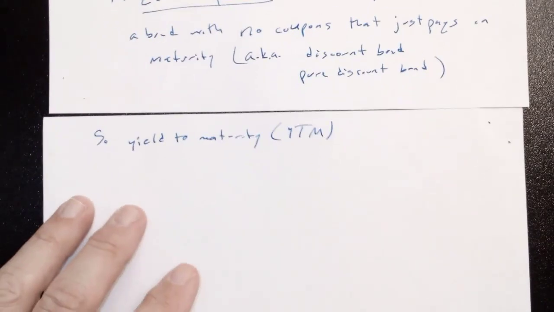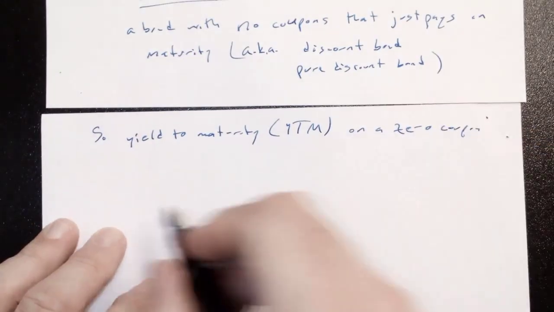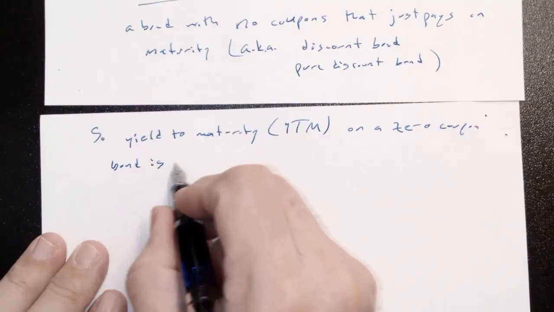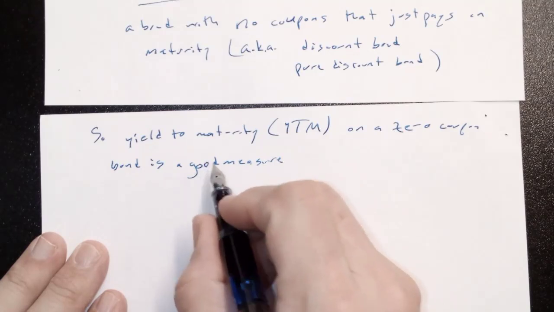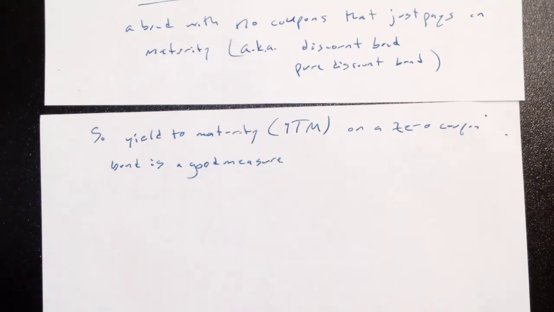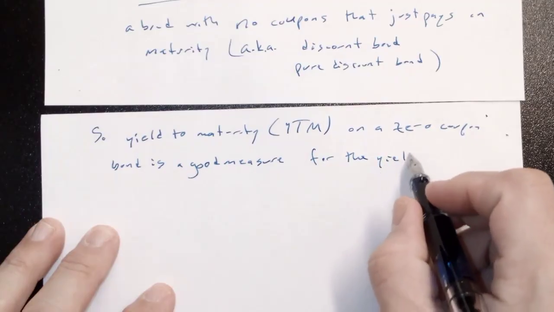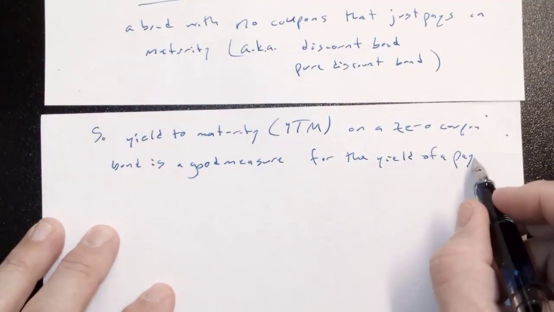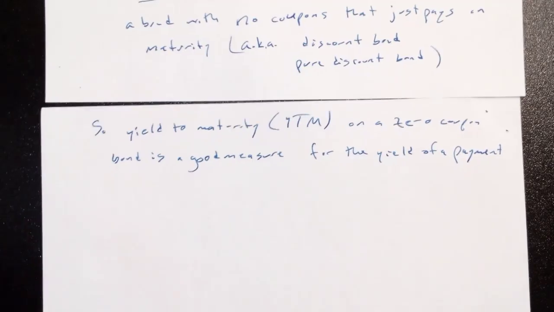Yield to maturity on a zero coupon bond is a good measure for the yield of a payment made at the same time based on the issue date of the zero coupon bond.